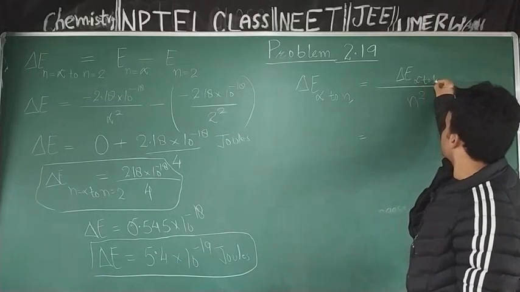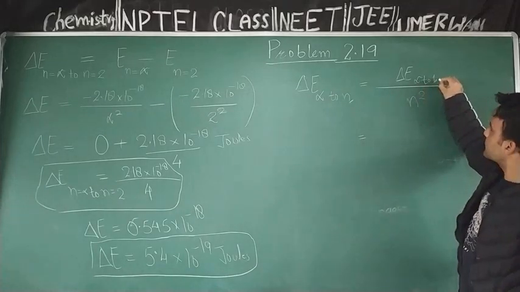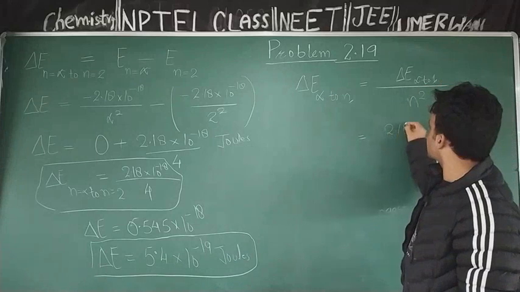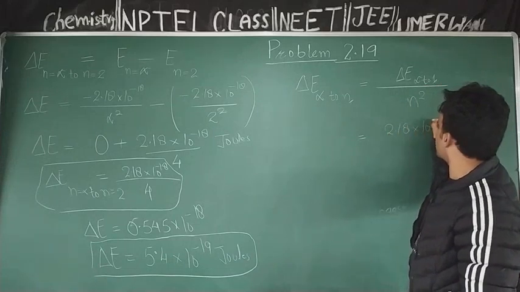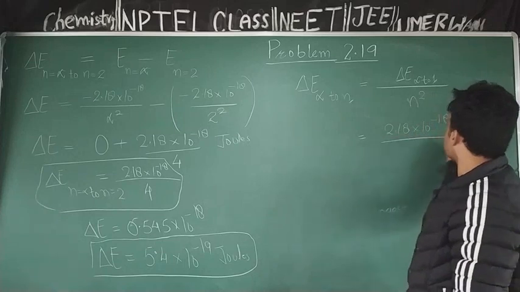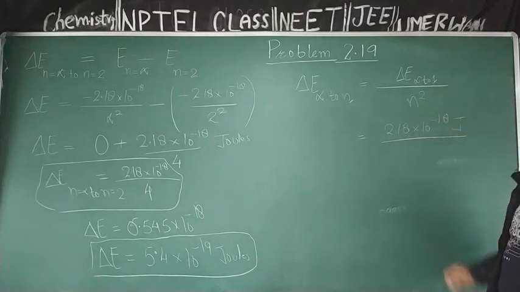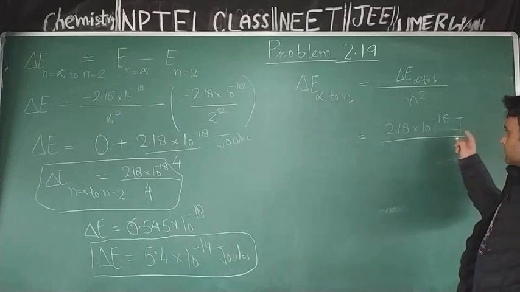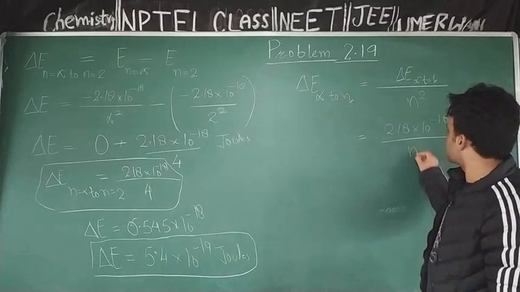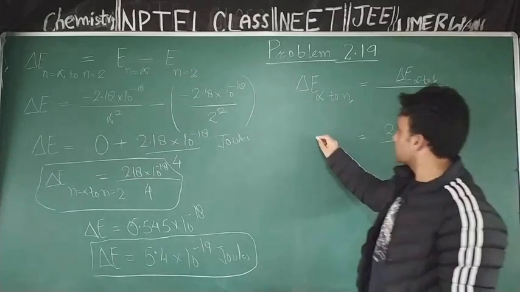The energy required to remove an electron from the first orbit of hydrogen atom is 2.18 into 10 to the power minus 18 joules, so it is 2.18 into 10 to the power minus 18 divided by n square. This is the general expression.